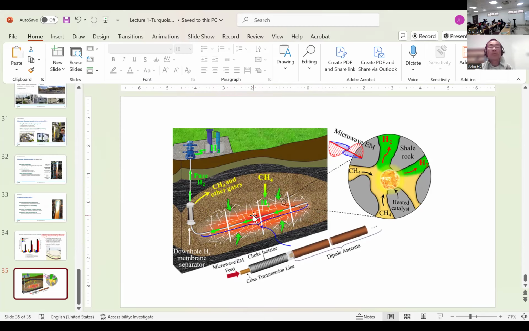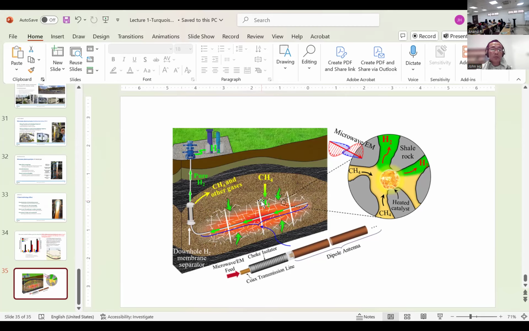That has been done. Yes, you can do that. Microwave can be introduced underground. Second, the rock, which is going to be the catalyst, needs to be sensitive to microwave irradiation. So those rocks become catalysts. They can basically react with the methane in the shale rock.